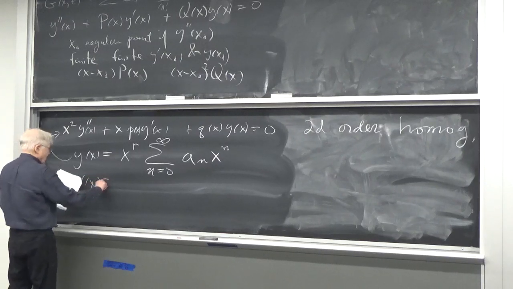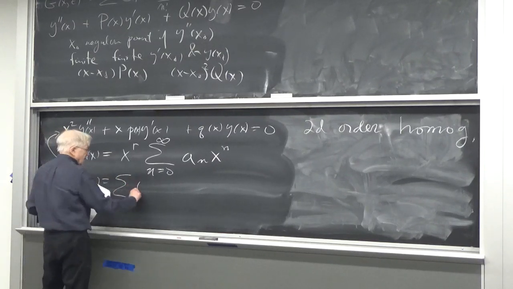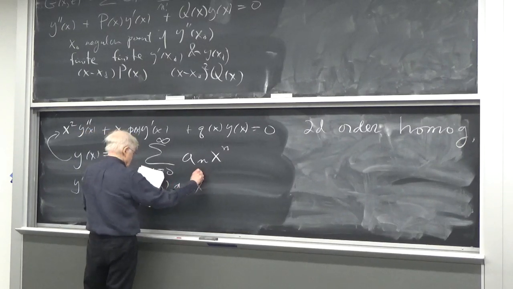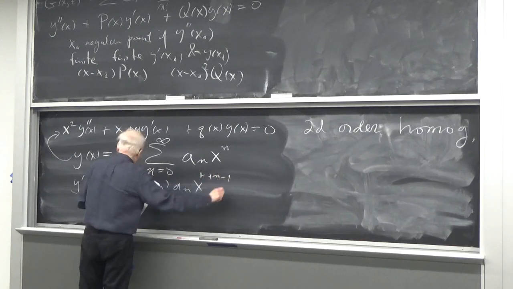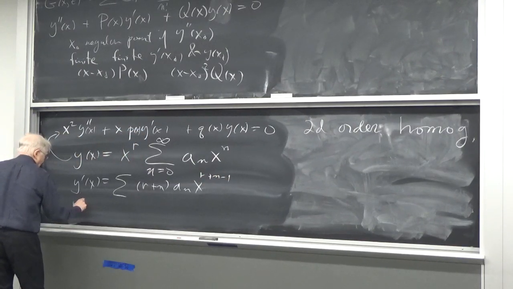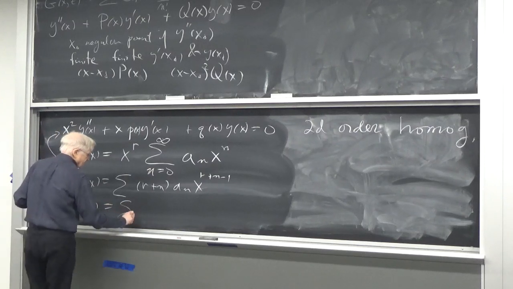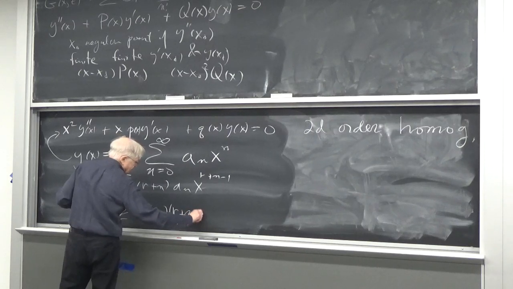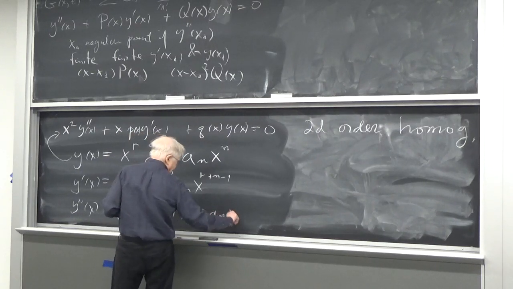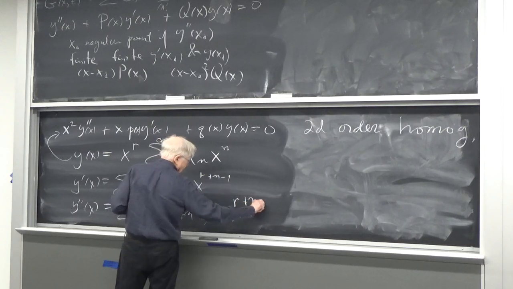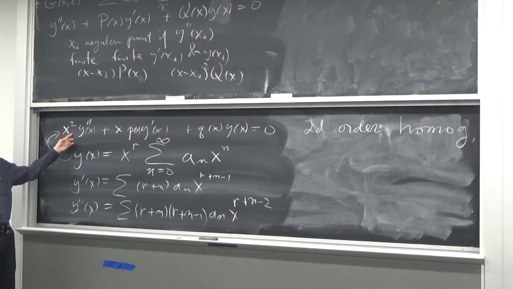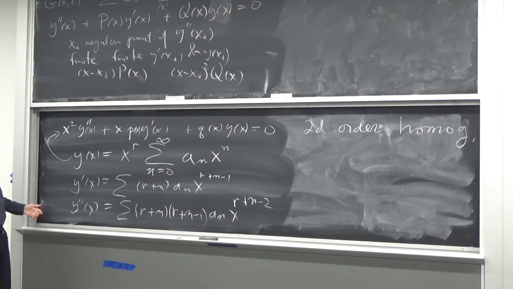In particular, y prime is the sum of r plus n, a n x to the r plus n minus 1, and y double prime of x is the sum of r plus n, r plus n minus 1, a n x to the r plus n minus 2. So we substitute these three series into this differential equation.